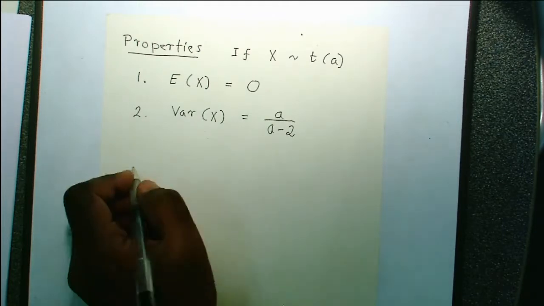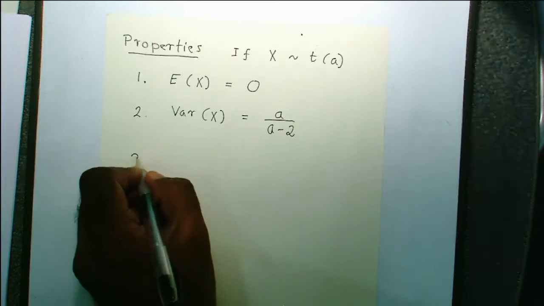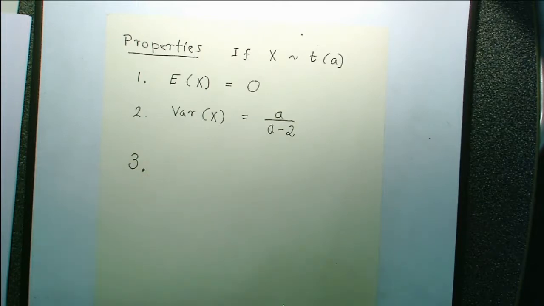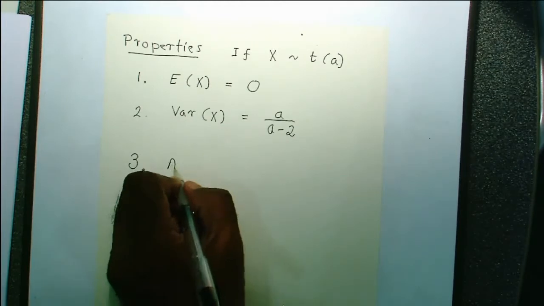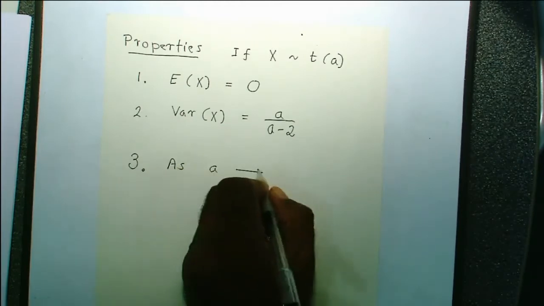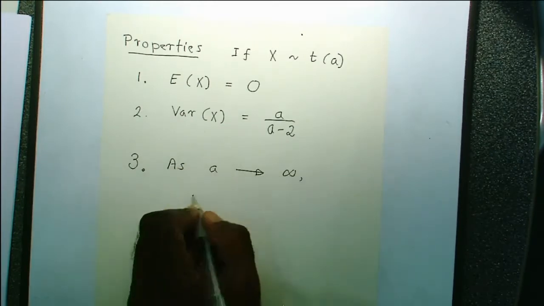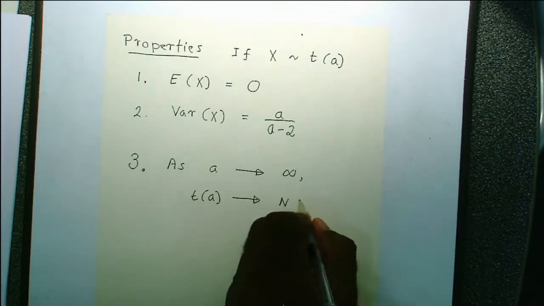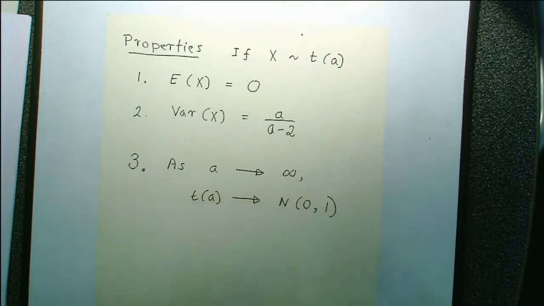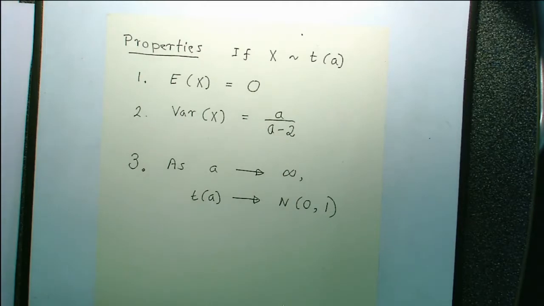Number three, as A approaches infinity, t of A approaches a standard normal variable with mean 0 and variance 1.